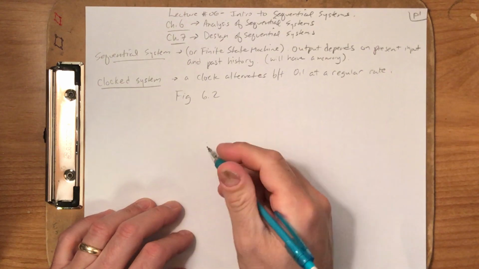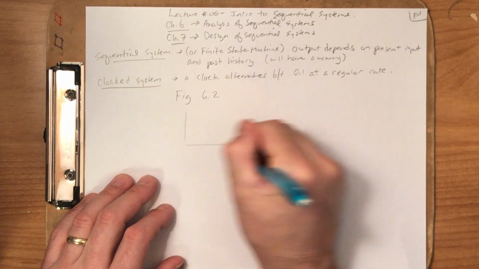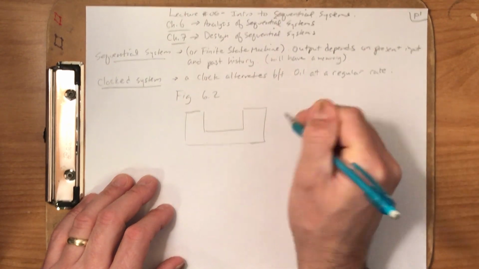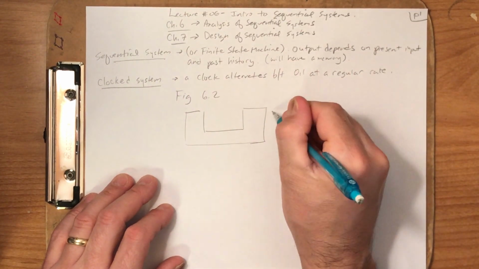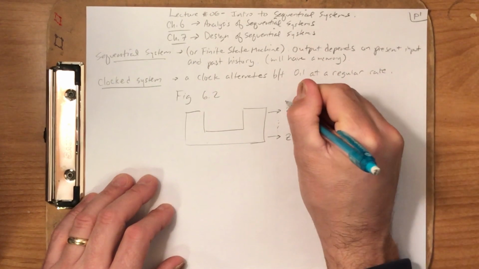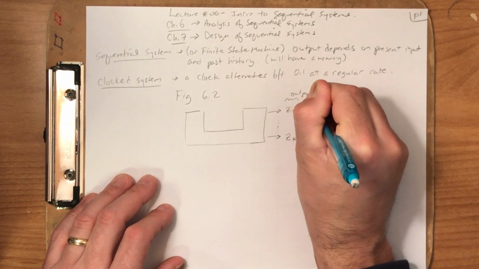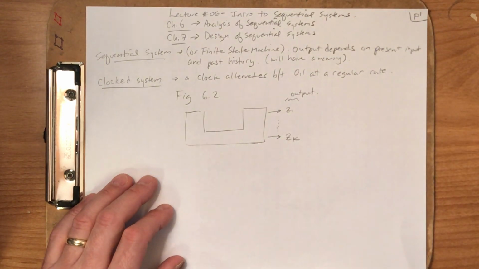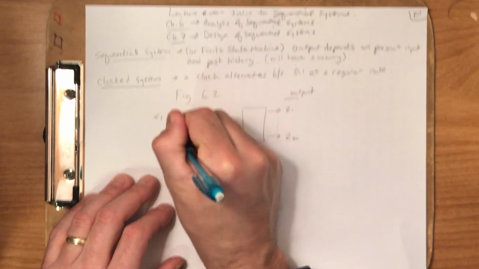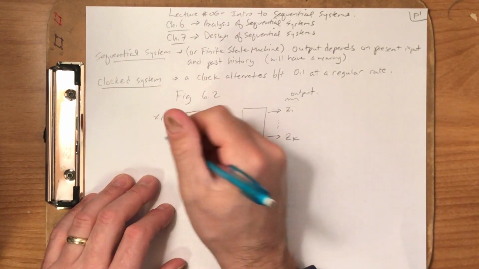If you look at figure 6.2 in the book, it looks kind of like this. These are the outputs of the system. Here are our inputs, x1 through x sub n.